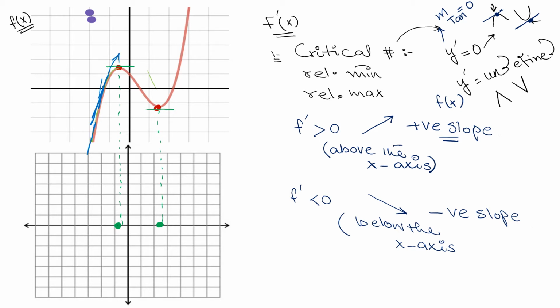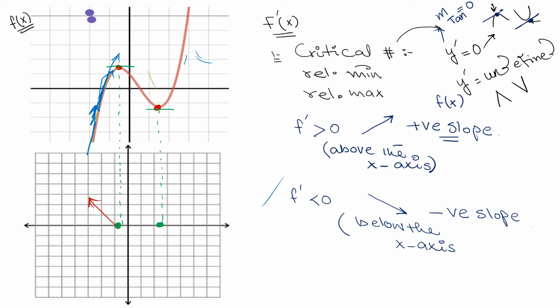Anywhere I sketch the tangent line, my slope is positive. Everywhere my slope is positive. So if the slope is positive, I am going to sketch the graph above the x-axis. So the left side should be above the x-axis, like that.